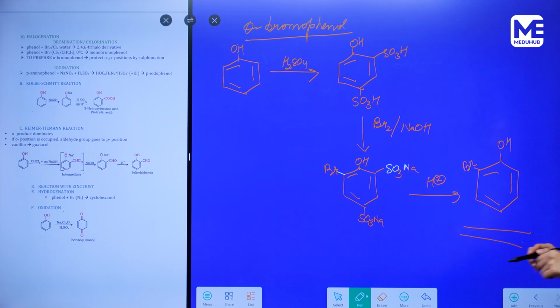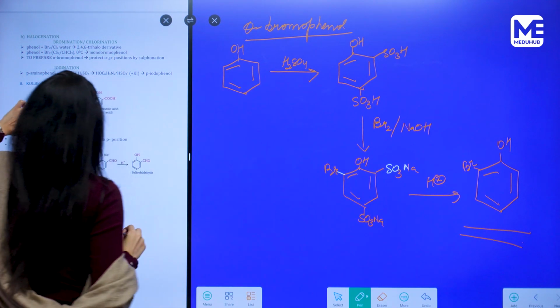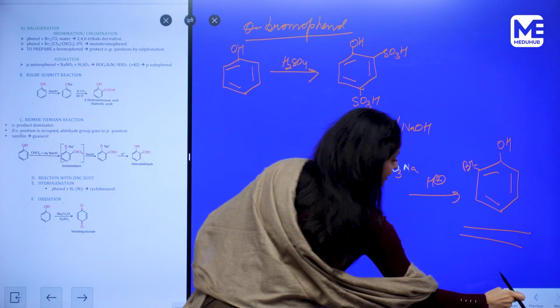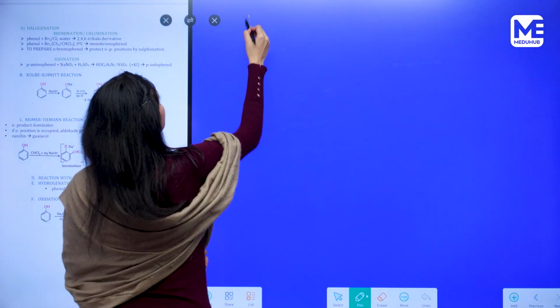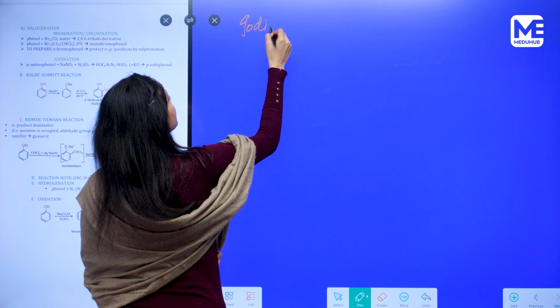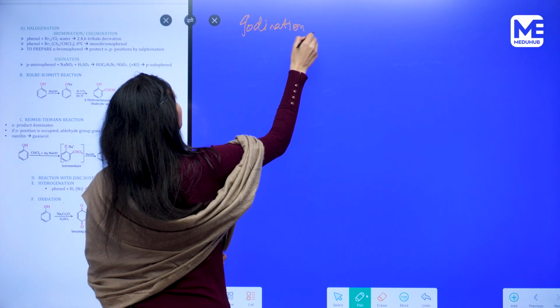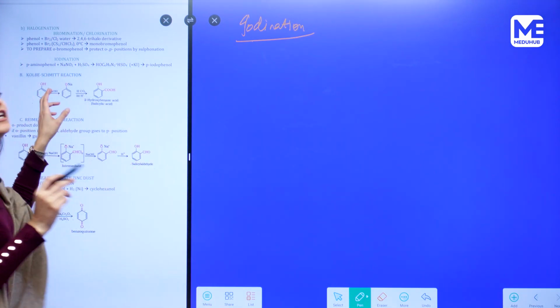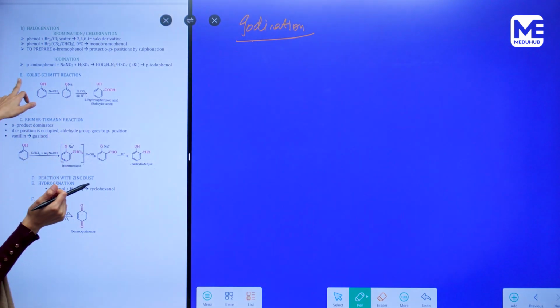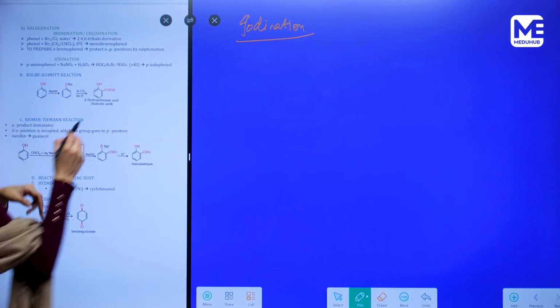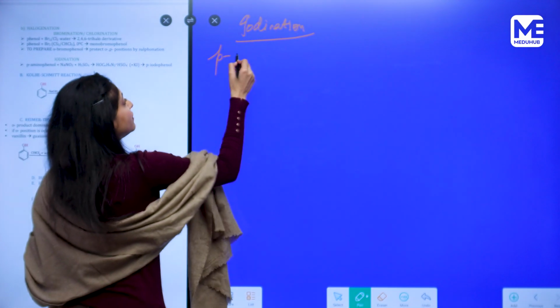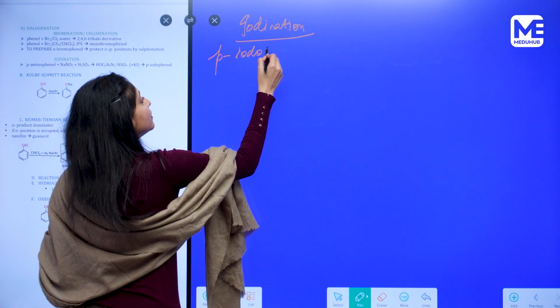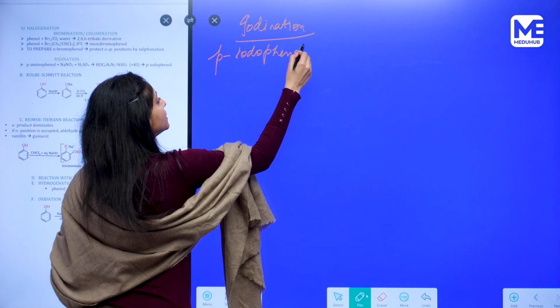This is the ortho isomer. Now for iodination, how do you do iodination? For iodination, we first need to prepare a diazonium salt. So we start with para-aminophenol and we get the para derivative, para-iodophenol, using this method.